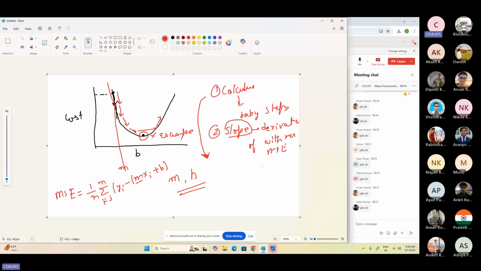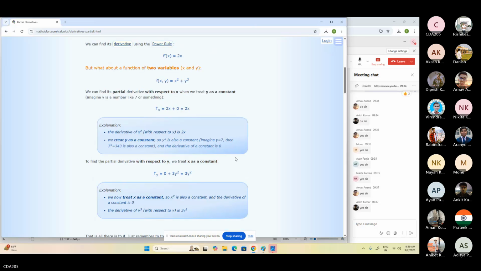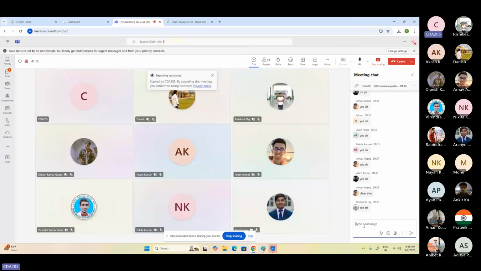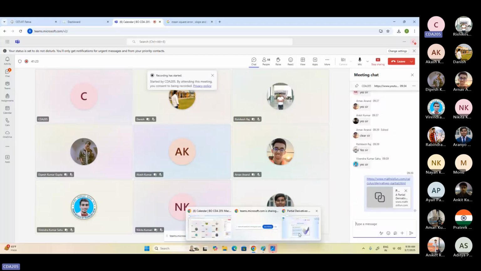So here two variables are there. That's why we are using partial derivatives. Are you clear with this? How to calculate the partial derivatives? I forwarded the link also. Whenever you get the time, you can go through this.